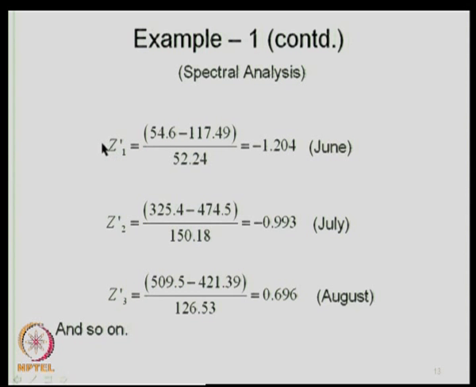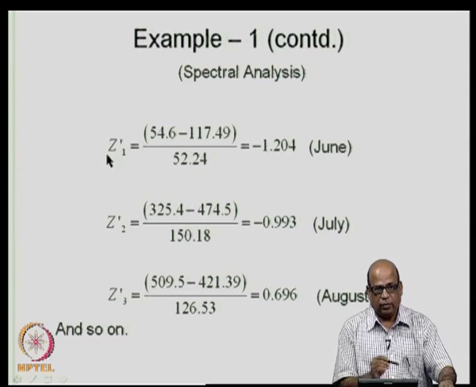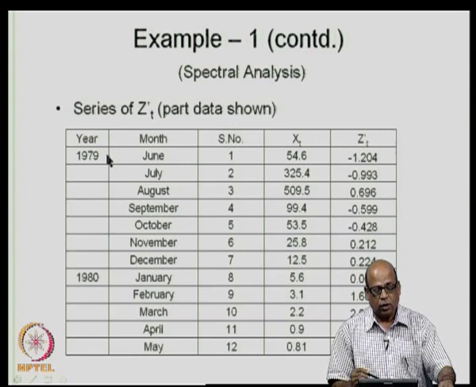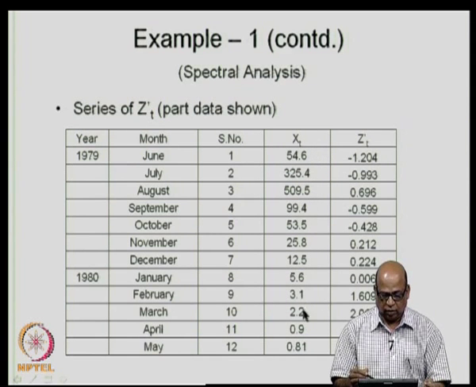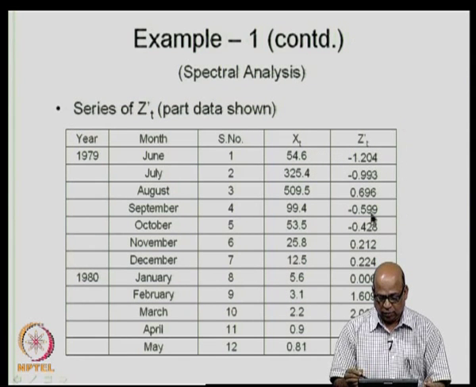So, you now have the z dash series ready. The z dash series, for example, looks like this, where I have shown just the first year values, the first 12 months: x t and z dash t. So, the z dash t series is like this.